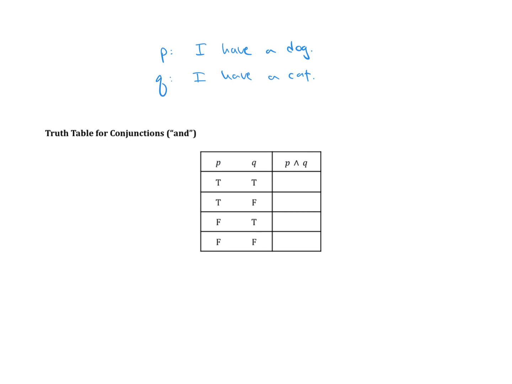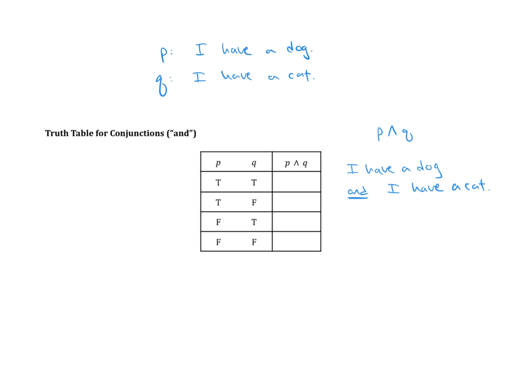Now we're going to do a truth table for a conjunction. And remember, conjunction is "and." So if I had the symbolic statement P and Q, using those same P and Q statements that I wrote at the beginning, this compound statement would be "I have a dog and I have a cat."